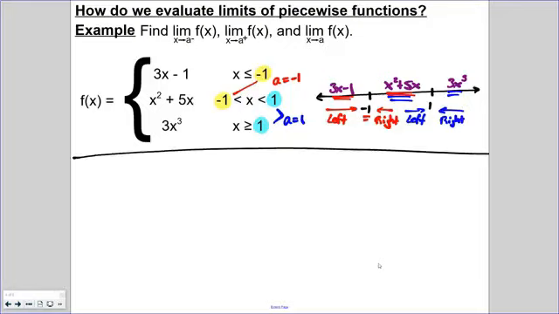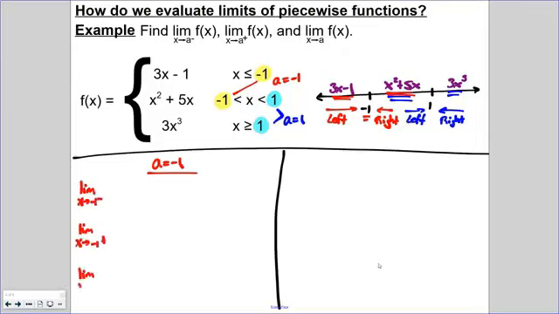All right, so now let's go ahead and evaluate all these limits. So for our first set, we're going to use our a equals -1 value. That means we're going to be looking for the limit as x approaches -1 from the left, the limit as x approaches -1 from the right, and the limit as x approaches -1.